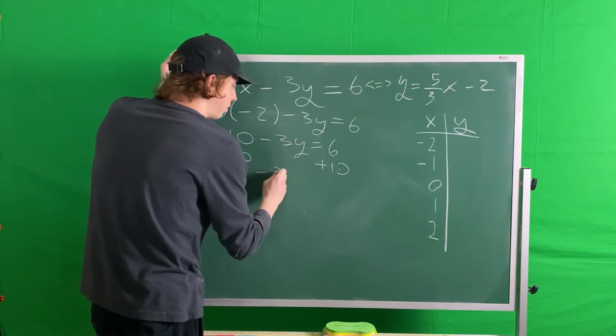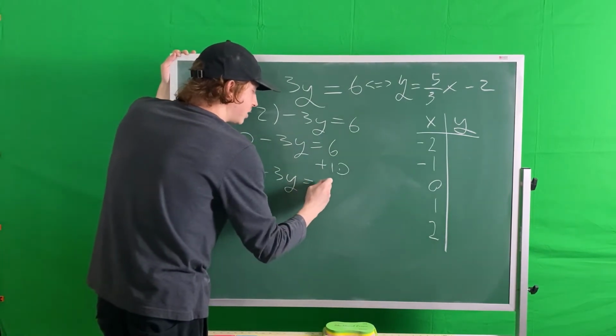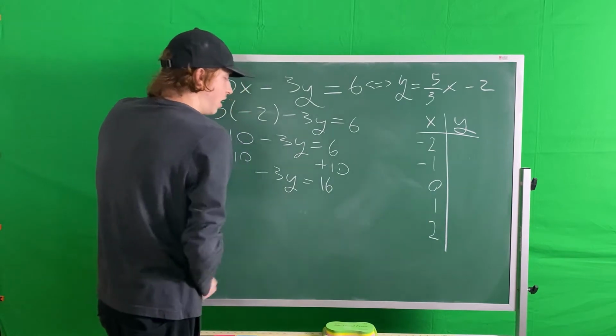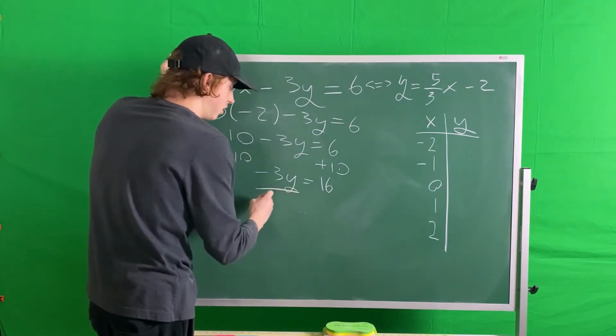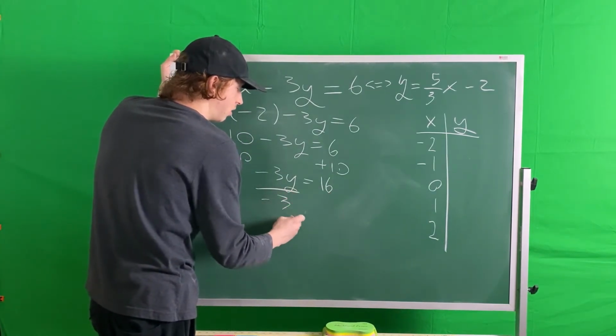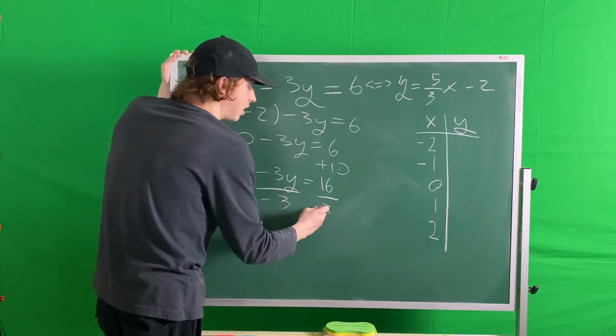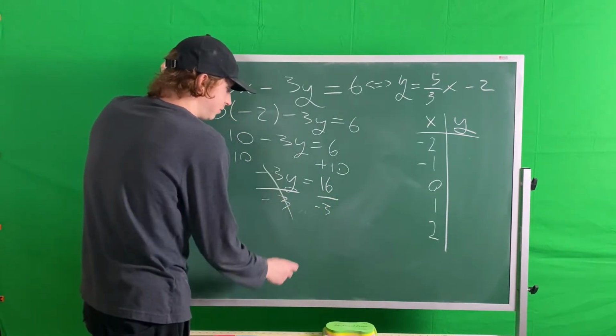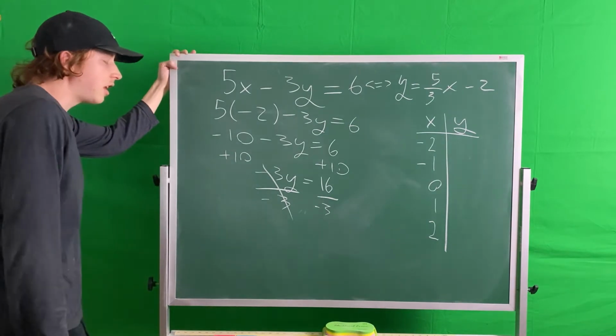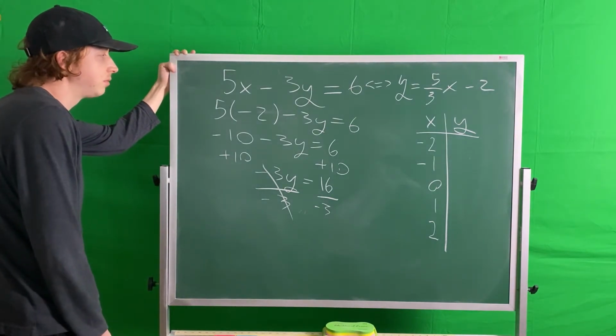We have negative 3y is equal to 16, and we divide by negative 3. That is not a very satisfying number.